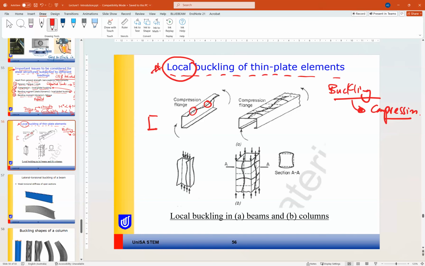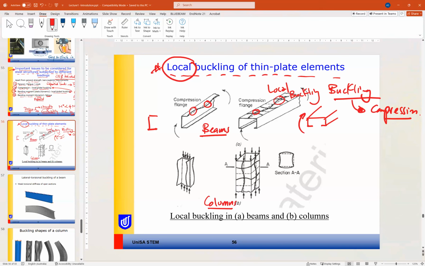Here we have also buckling, but in the web, because the position of the member has been changed. If this is the location of the member, the buckling happens in this spot and this spot. So this is called a local buckling problem in this member. So this is in beams. In columns we can also have local buckling due to compression.